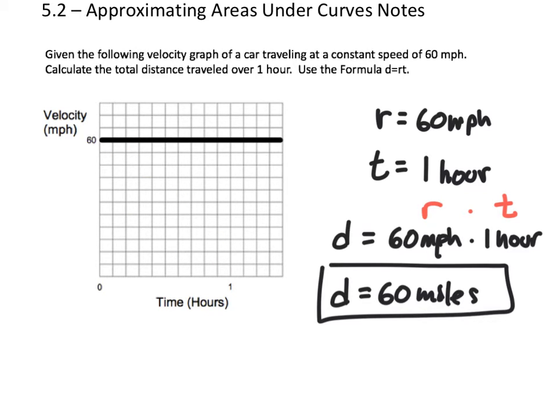What I notice here is that our rate is the y-axis, measured in miles per hour, so I'm going to label this as a rate. And my x-axis is a measure of time in hours, so I'm going to label that as time.